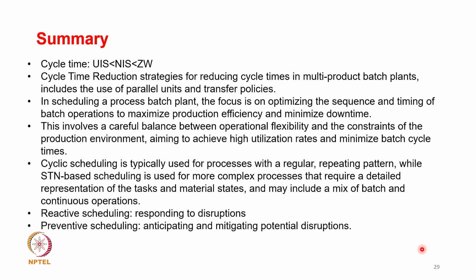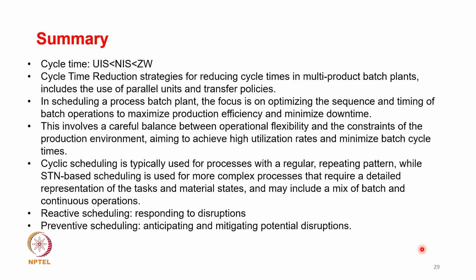This includes parallel unit transfer policies, and scheduling a process plan, focusing on optimizing the sequence and timing of batch operation to maximize the production efficiency and minimize downtime. This involves a careful balance between operational flexibility and the constraints of the production environment, aiming to achieve high utilization rate and minimizing batch cycle time.